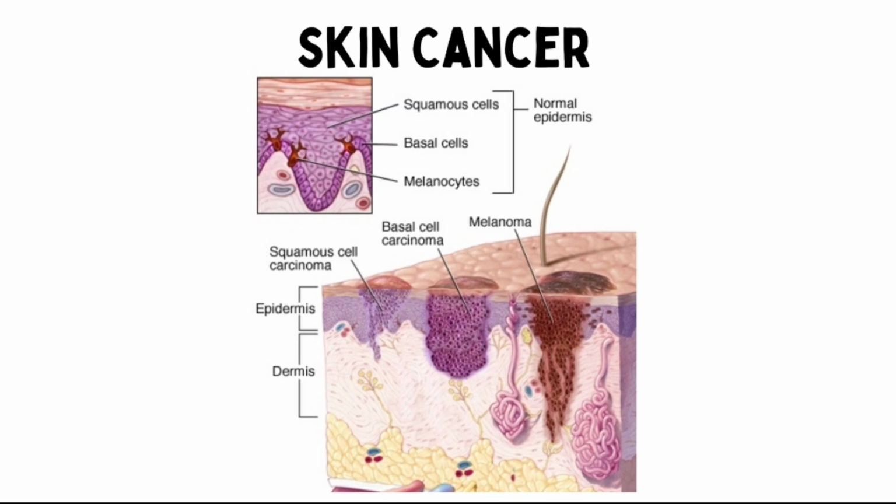It affects the squamous cells and has a variable tendency to metastasize. And finally, the melanoma represents 2% of the cases, but is the most dangerous because it easily spreads.